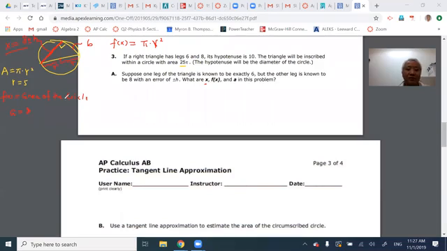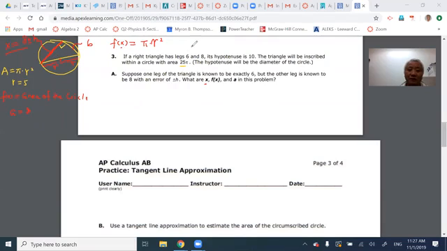That means the diameter is 2r here, right? So if we have that, we can represent the area of the circle as a function of x. We need to represent that. How do you do that?